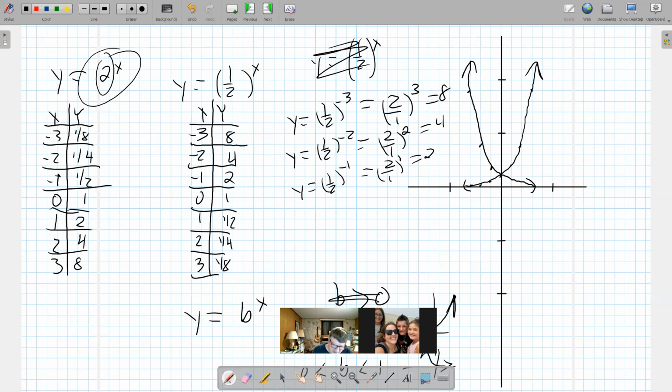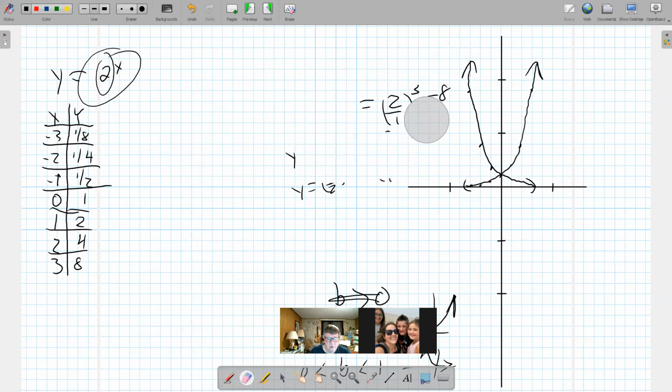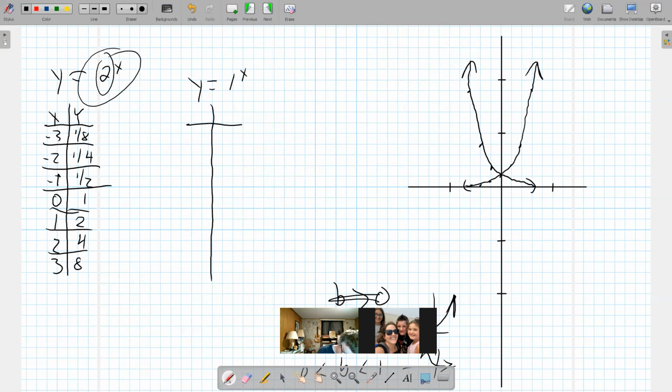What about if b is 1? What does that look like? Let's just do this. Let's erase this. If b is just 1, so y equals 1 to the x. Take -3, -2, -1, 0, 1, 2, and 3.